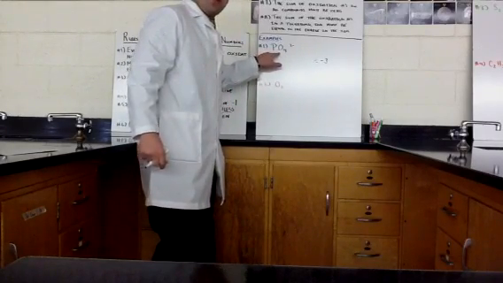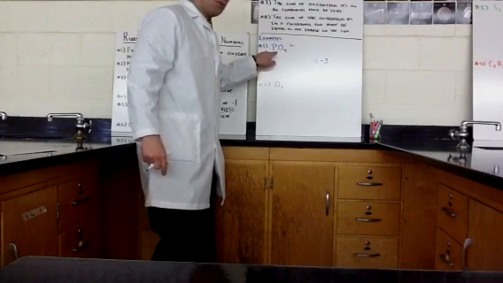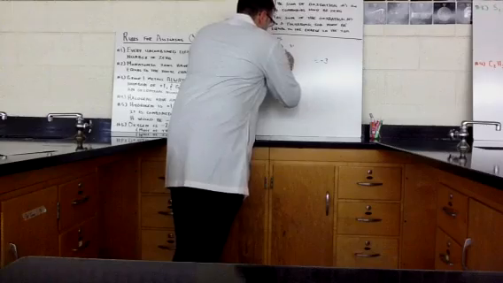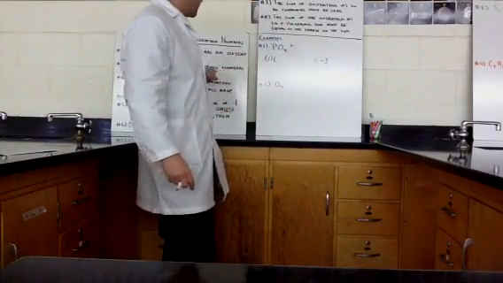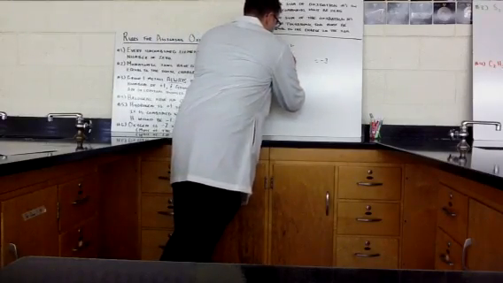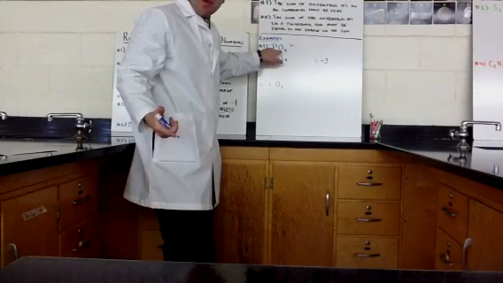We have P, we have O4. How many atoms of P do we have? There's a 1. So P is going to have 1 atom. P, we do not know anything about. If you look at our rules, nothing relates to P. So I'm going to call that X. Oxygen, how many atoms of oxygen do we have?